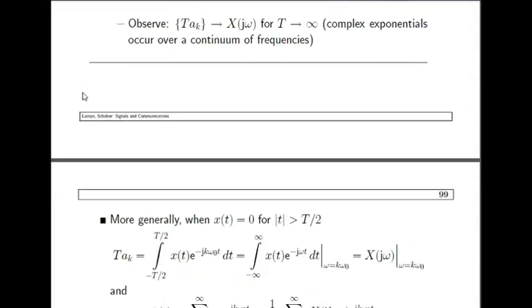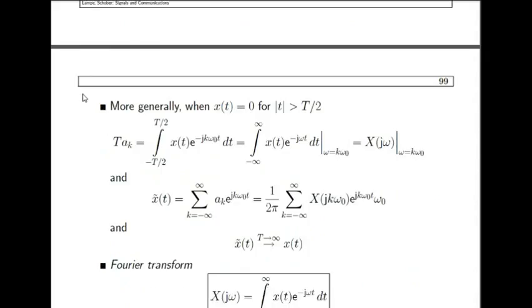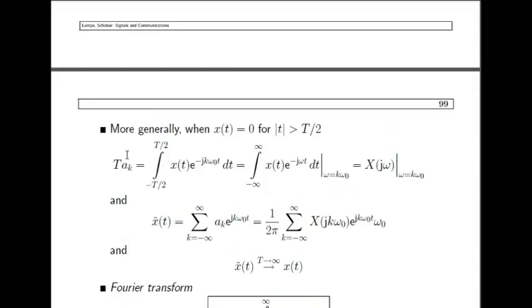So now let's see it in a more general way. I am trying to find a_k, which is this thing, with 1 upon T, that T has been taken here. So when I try to solve it, I have replaced the limits with minus infinity and infinity, and k omega naught with omega, then it will be X of j omega.